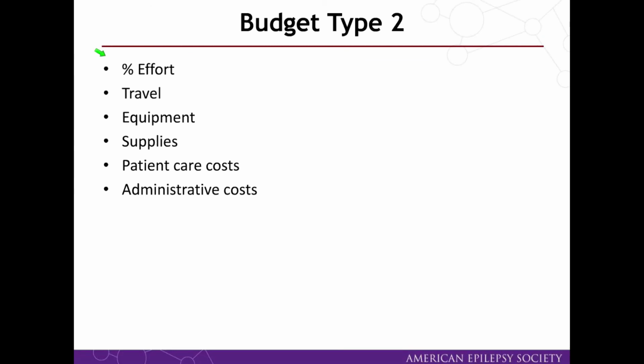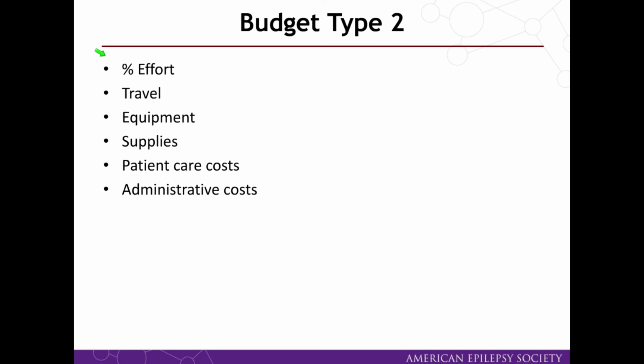So, for example, if I thought I would need to spend half a day a week doing activities related to a study, then that would be 10% effort, and this is often turned then into calendar months, so I would spend 1.2 calendar months with my time towards that particular project.